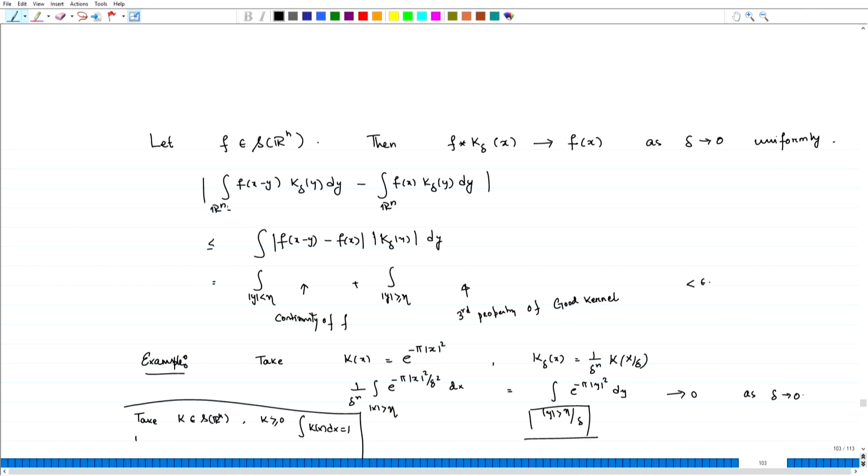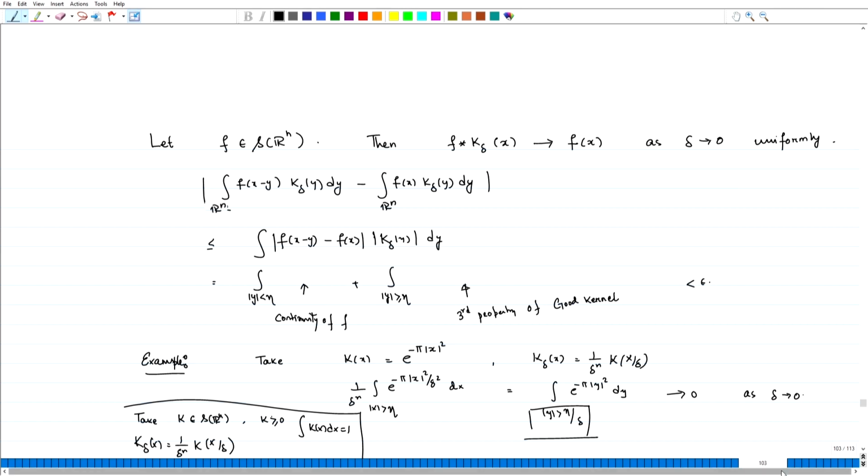Then if you define K_delta(x) as 1 by delta to the power n K(x by delta), then this argument is going to work. So, just like in the case of R, we have got enough good kernels with us to deal with.